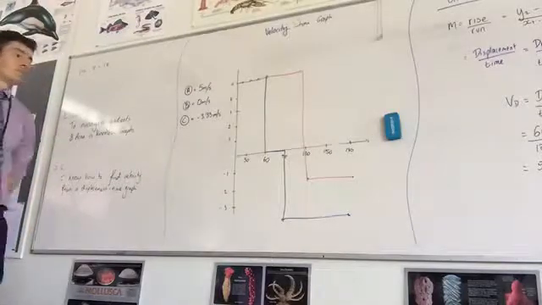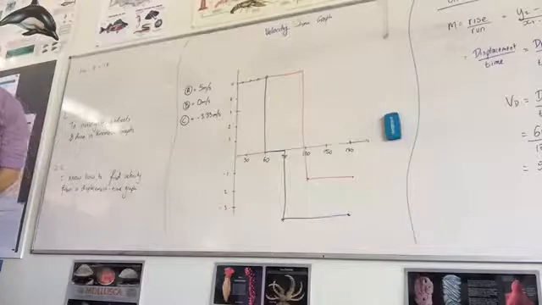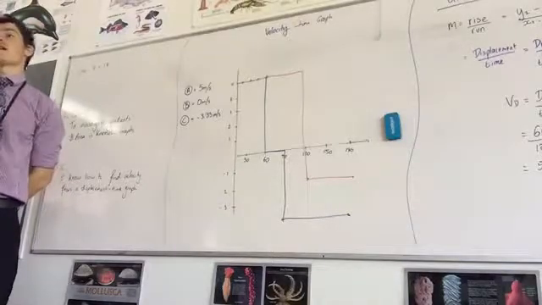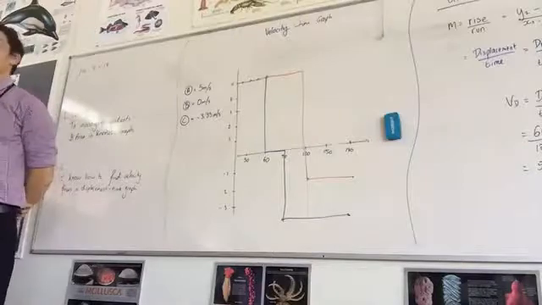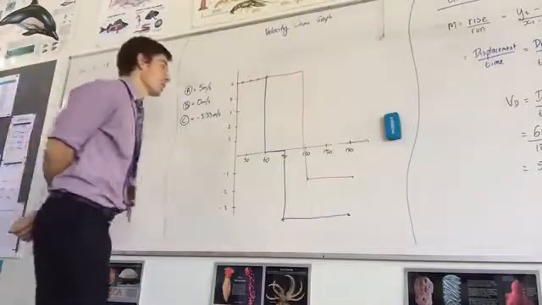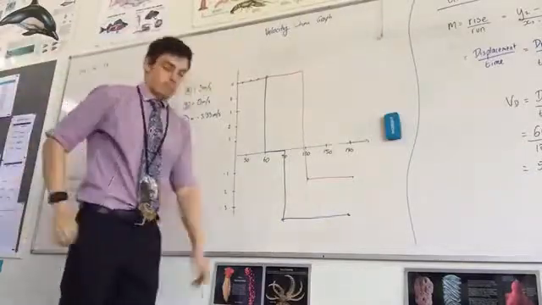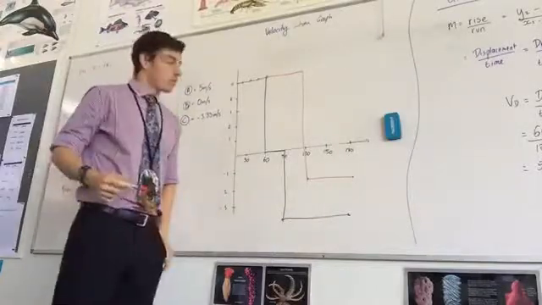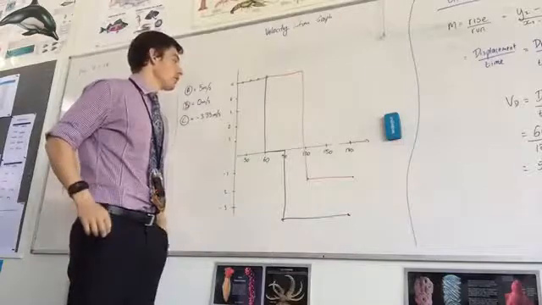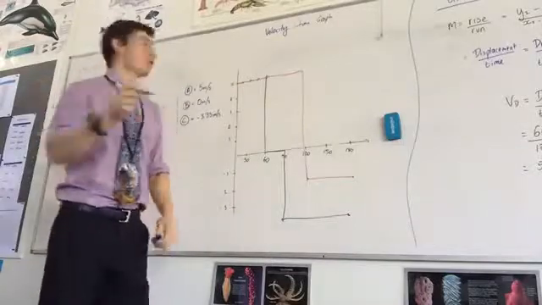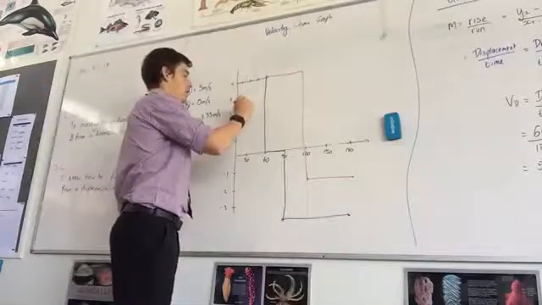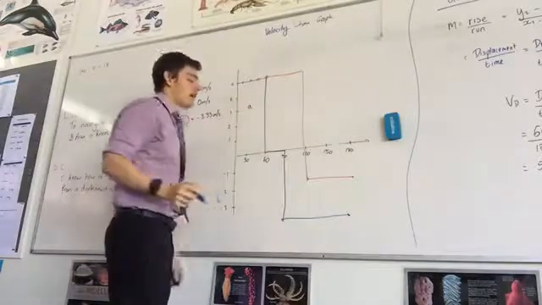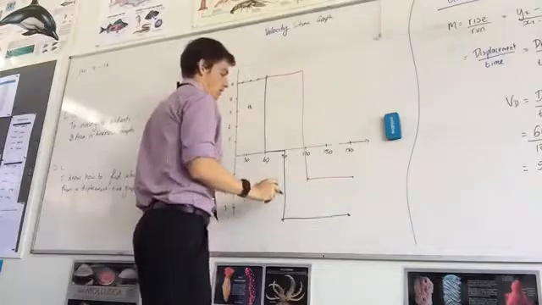Now, I'm going to ask you to do something as a challenge. I'm going to call this little a, actually, I'm not going to call it capital A. I want you to find the area of little a.